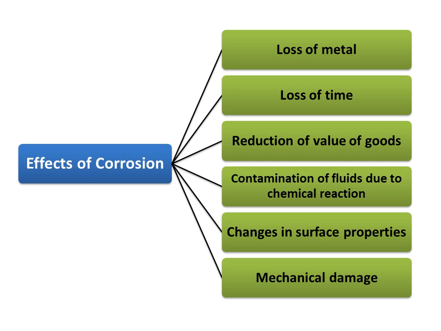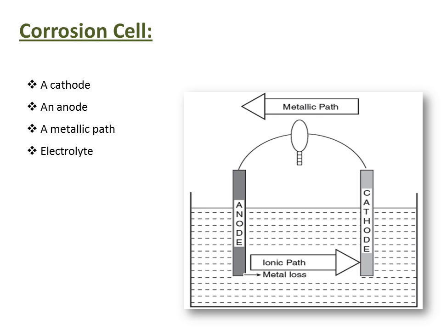Mechanical damage means the mechanical property it holds: metal is strong, it has high tensile strength. When it got corroded, the tensile strength reduces, that means there is a degradation in mechanical property, that means mechanical damage happens. So these are the effects of corrosion.